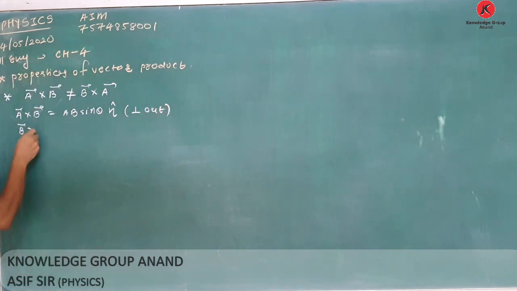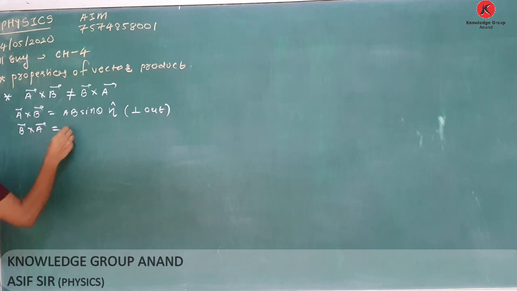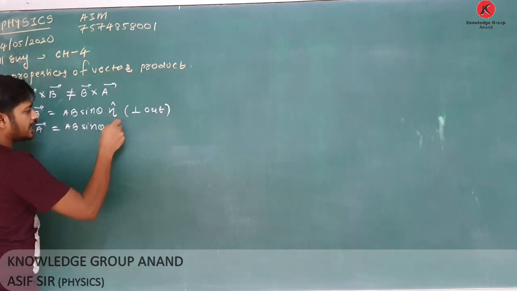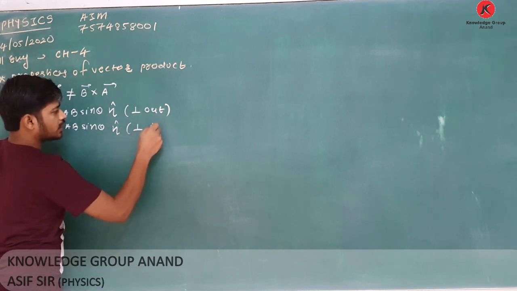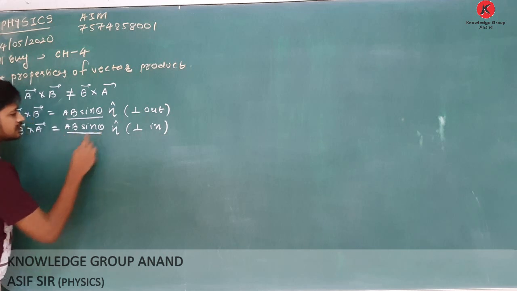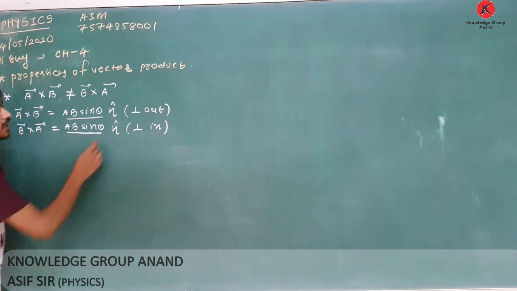If I find B cross A, then B cross A is AB sin theta n caret, and it is perpendicular inward. So the magnitudes are the same, but the directions are opposite.